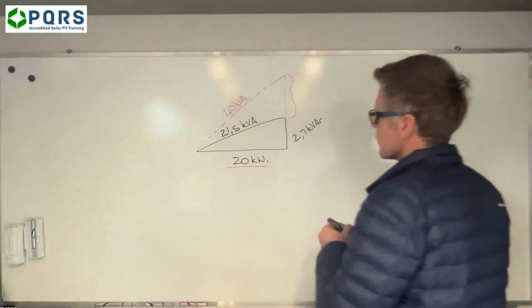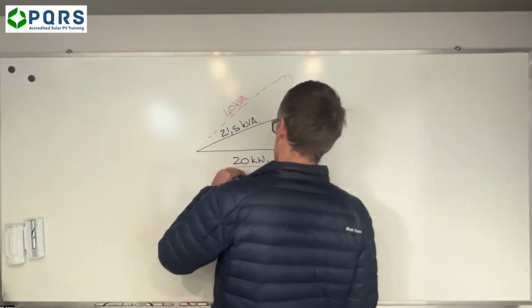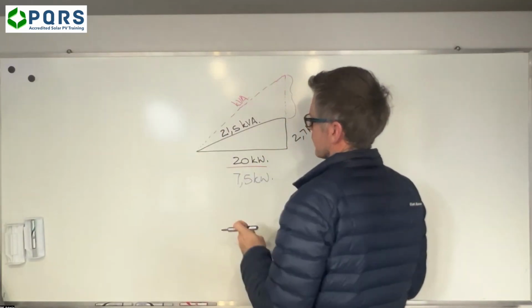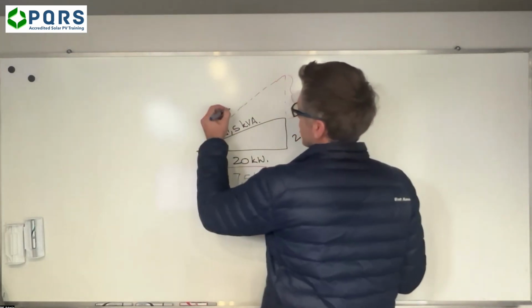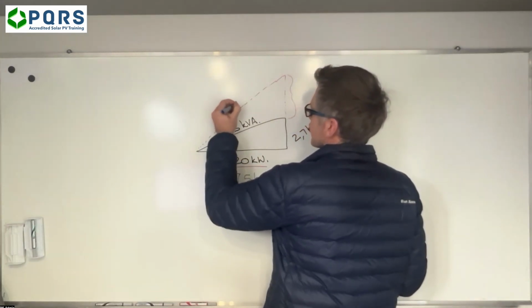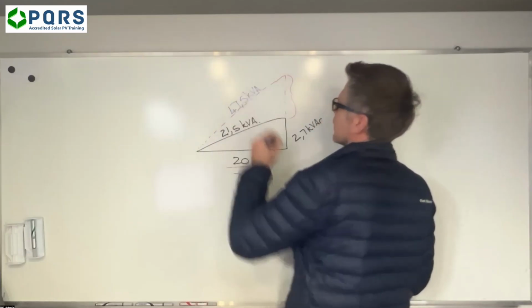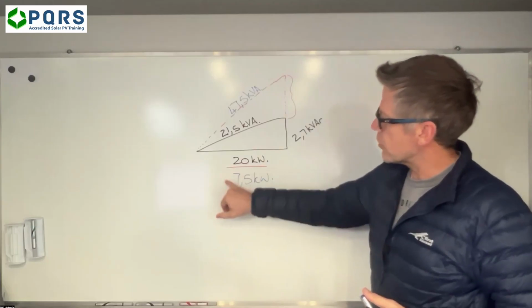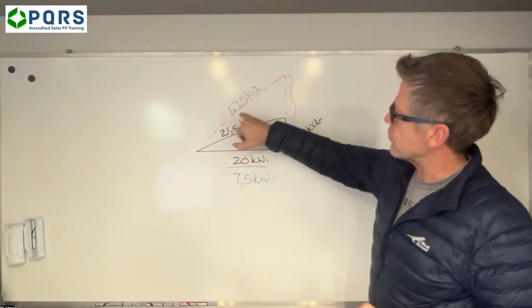In our second graph, we had a 7.5 kilowatt load, but our kVA was significantly higher. Our kVA was 47.5 kVA.